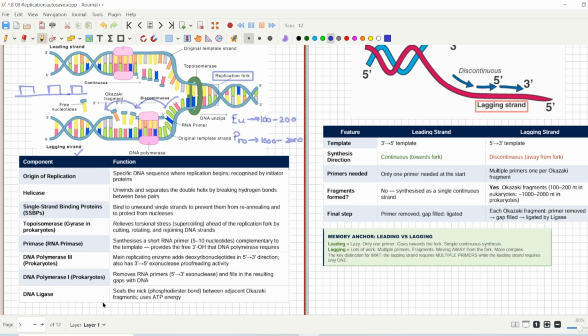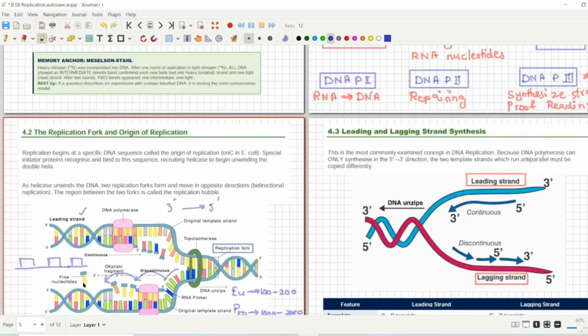So DNA ligase is the enzyme that sticks or binds the Okazaki fragments so they don't fall apart. It uses ATP to seal the Okazaki fragments so they don't fall apart, because they are not continuous, right? So DNA ligase is like a gum to stick the Okazaki fragments, right? So this was about the first concept.